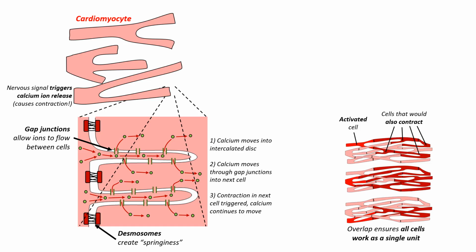So this starts off with, in this case, they're saying a nervous signal, but we'll see where there are some areas of control within the heart itself. But calcium moves into the intercalated disc, passes through that gap junction into the next cell, then the contraction will be triggered in the next cell, and the calcium ions will continue to move and follow that gradient through cells that do not have the calcium.